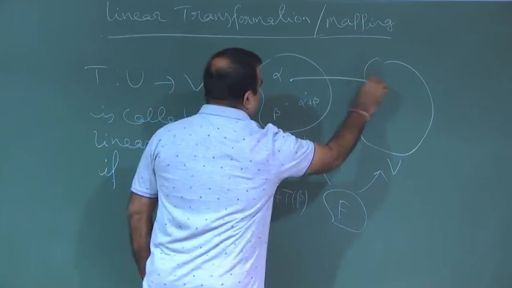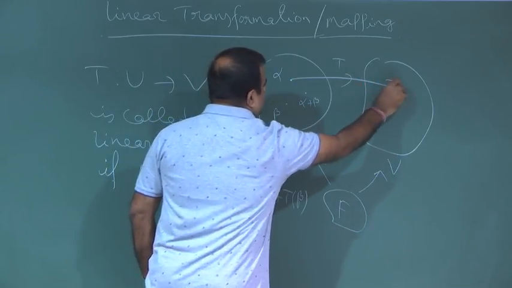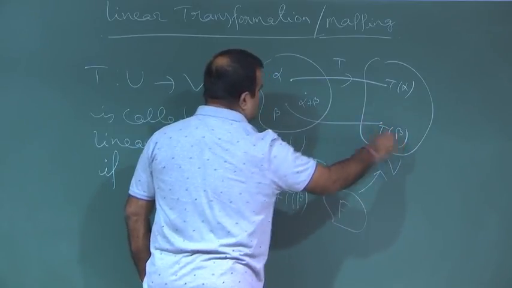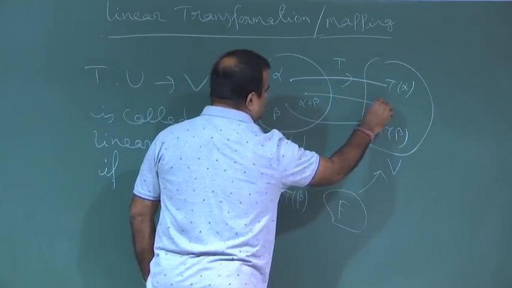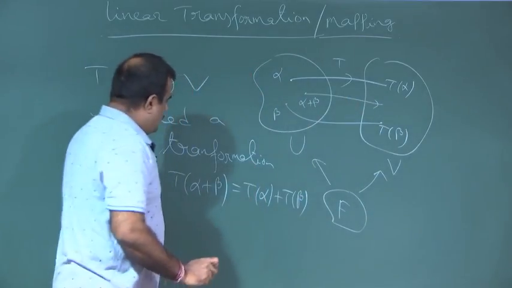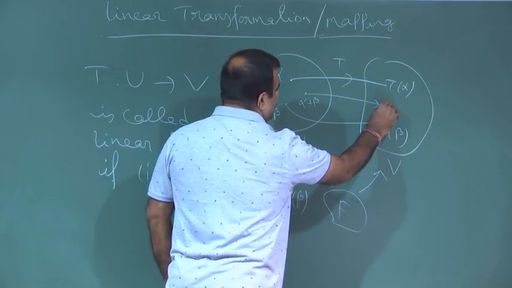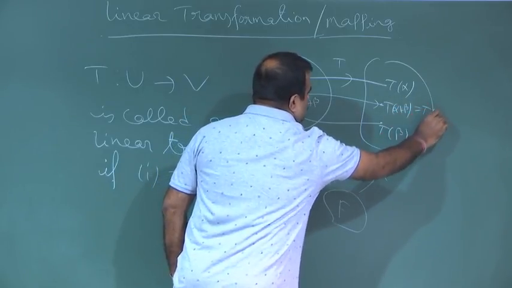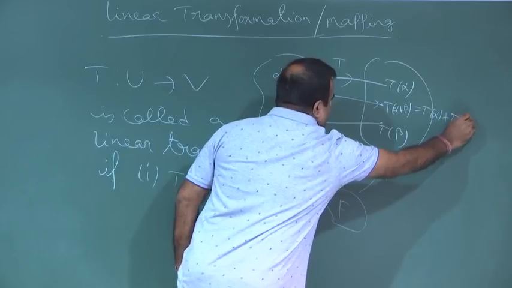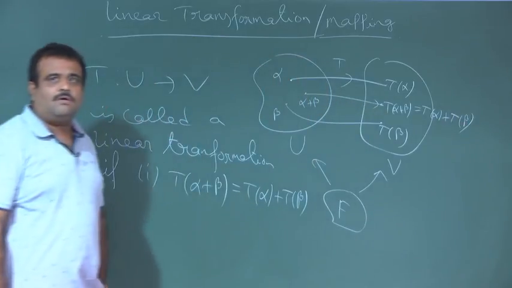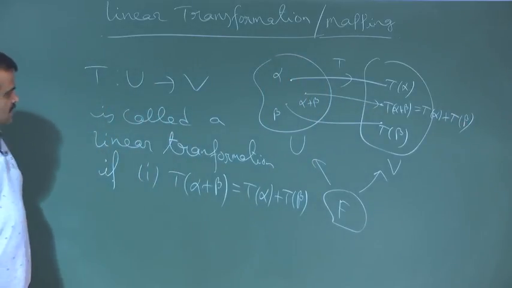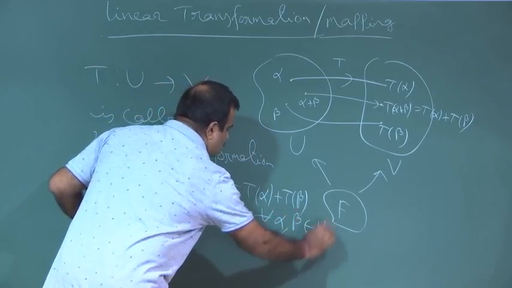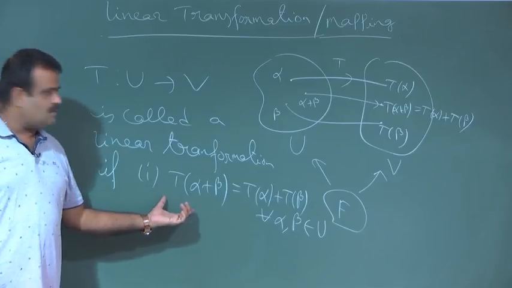Now, this is T alpha, this is T beta, it could be the same also, and this is basically T of alpha plus beta, and this should be equal to T of alpha plus T of beta, and this must be true for all such alpha, beta belonging to U. This is one condition, a linear property.